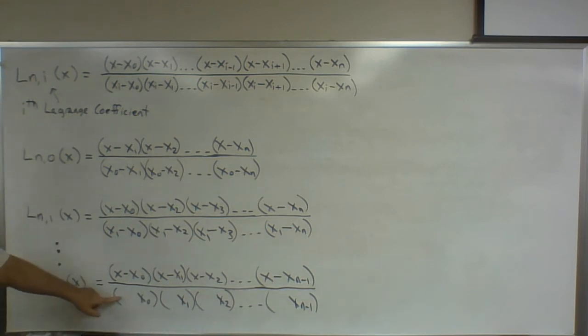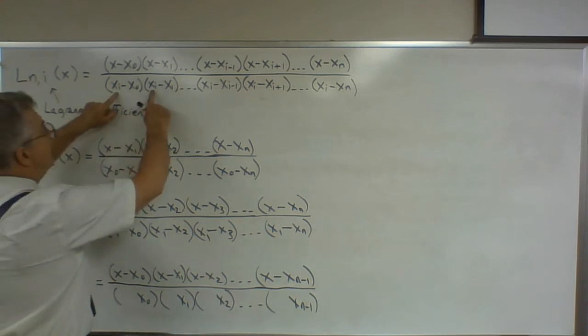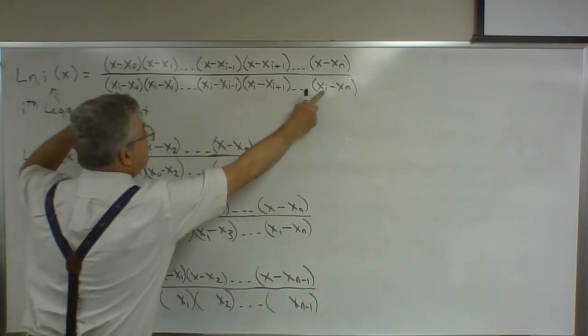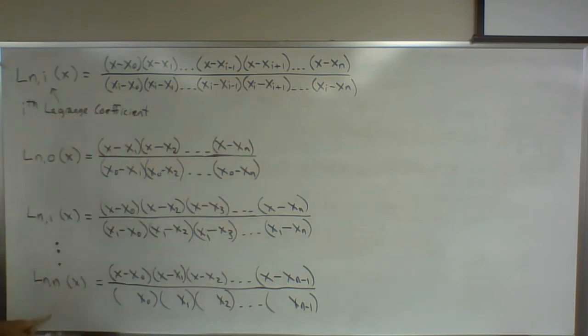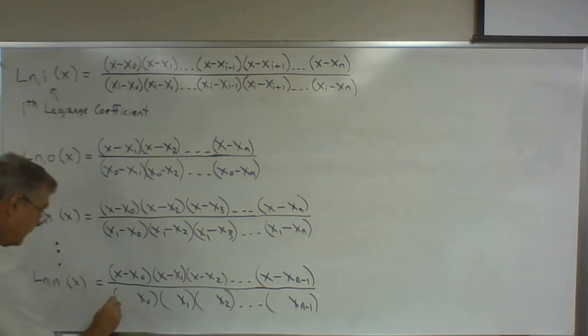Now what goes here? We look at our model. This is the ith Lagrange coefficient, and x of i goes first in each factor. Well, down here, this is the nth Lagrange coefficient, so x of n goes first.